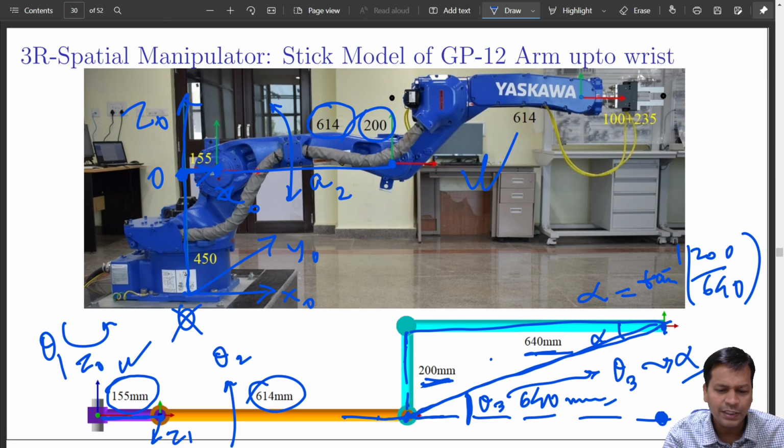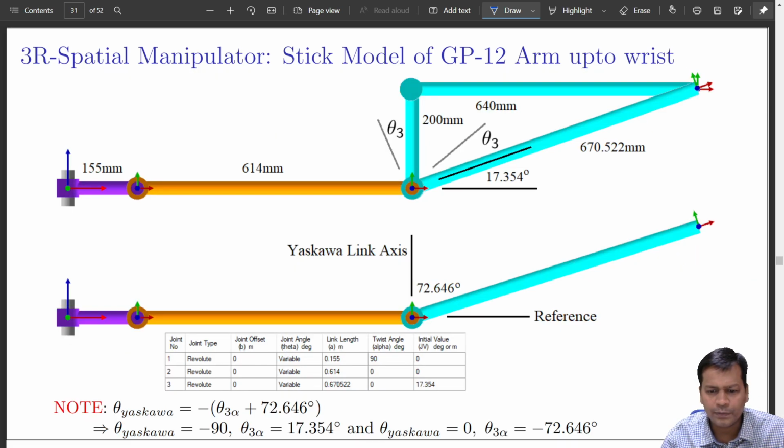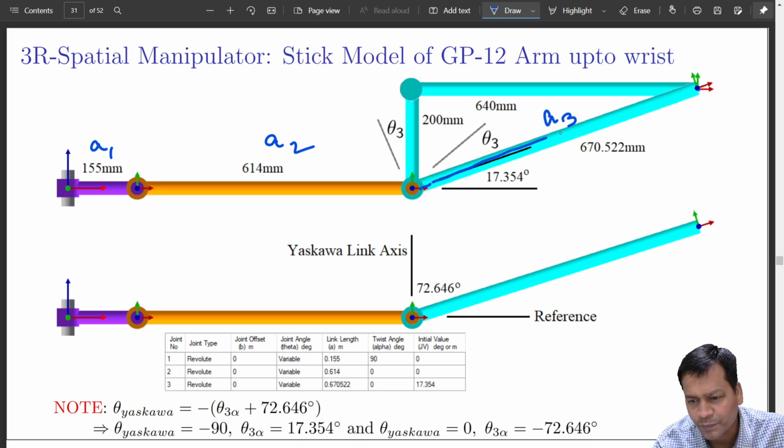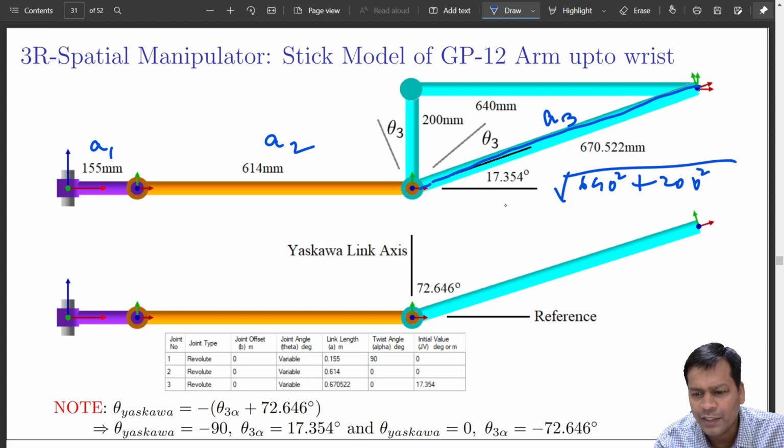So effectively we can create this robot something like this. What I was saying is something like this. You have A1 that is like this, you have A2 like this, and this is your effective A3. How much is that? It is simply this distance, and that is nothing but the square root of 640 square plus 200 square, that is the magnitude.